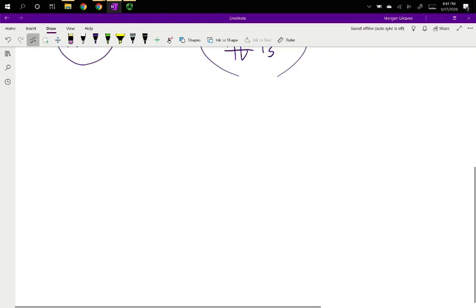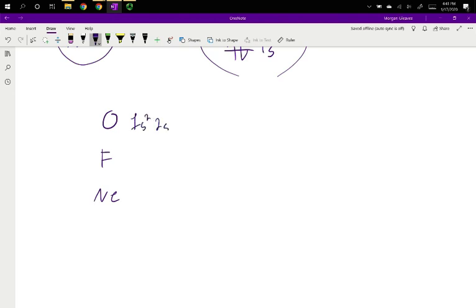What we tend to find is if we look at things like oxygen, fluorine, and neon, if you actually write them out, we'll find that oxygen has 1s2, 2s2, 2p4.